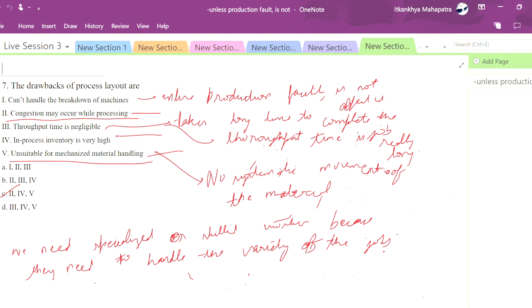The drawbacks of process layout: it can't handle the breakdown of machines, and congestion may occur while processing.